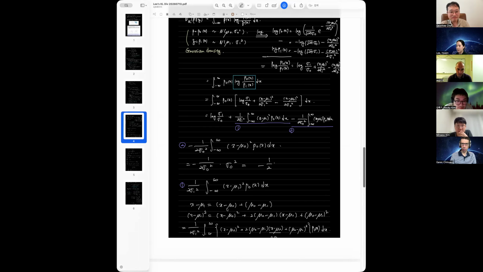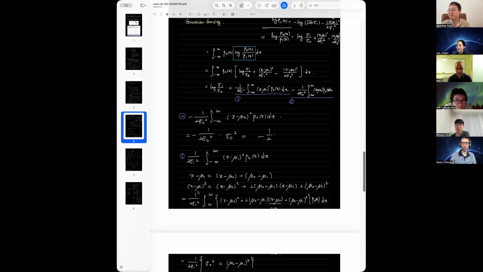We want to see x minus mu0 in these terms, so I add and remove it, and minus mu1. So (x minus mu1) squared, we derived like this and input.